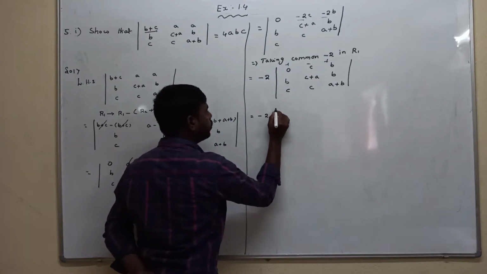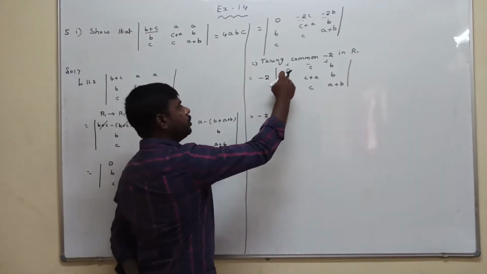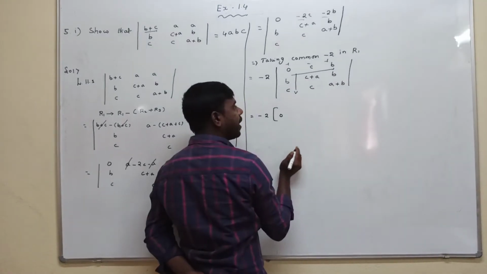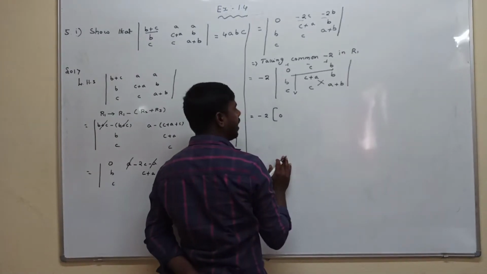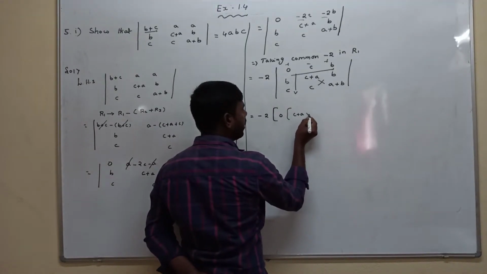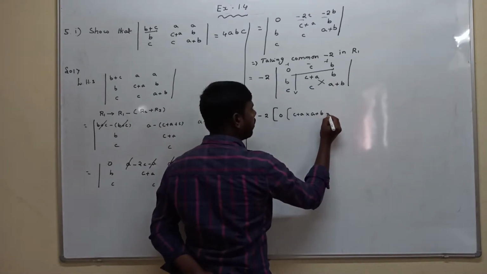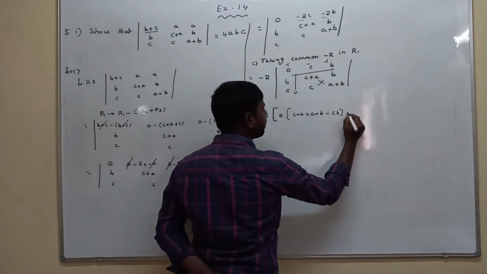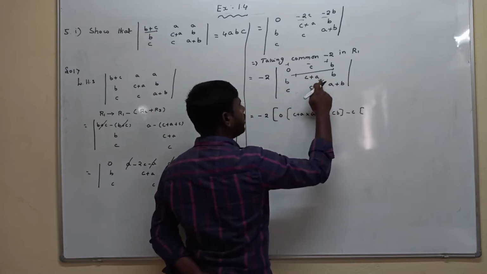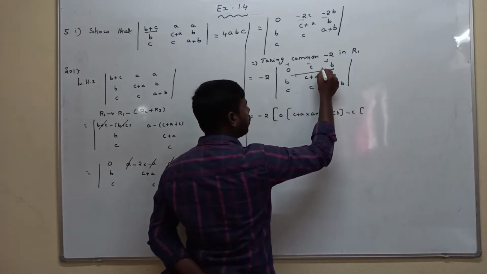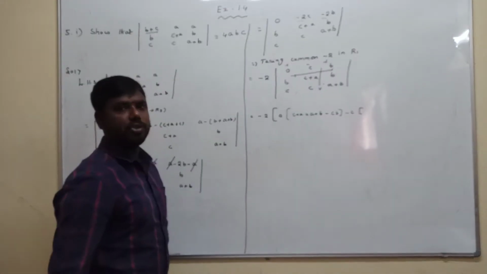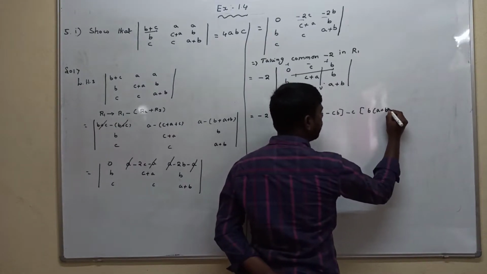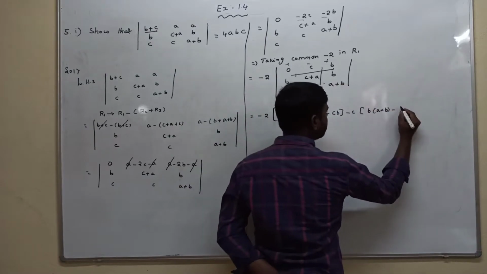So minus 2 into 0, eliminating that row and column, cross multiply the remaining elements: (C plus A)(A plus B) minus C times B. Next the symbol is negative and the element is C, so minus C; C is present in the first row, second column, so cross multiply the remaining elements: B(A plus B) minus C times B.